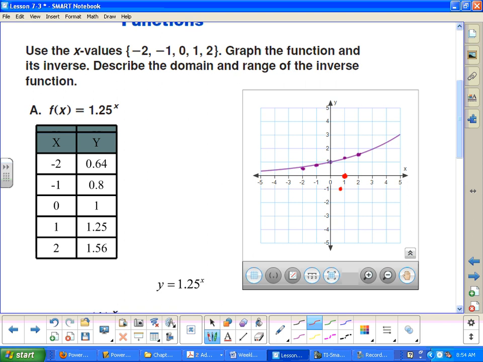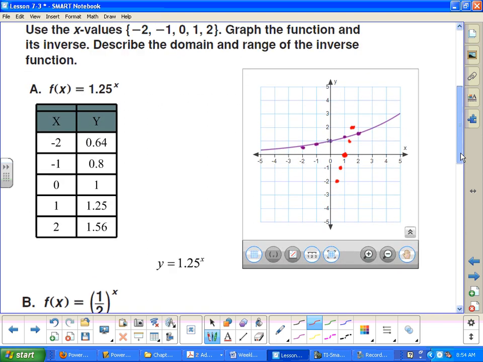And then 0.64 and negative 2. 1.25 and 1. And 1.56 and 2. And then the graph of that, like this.